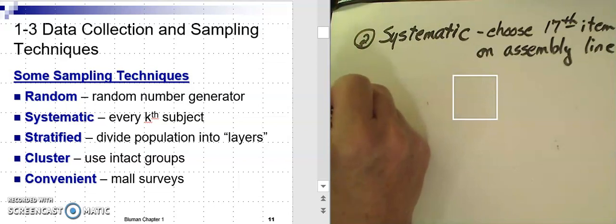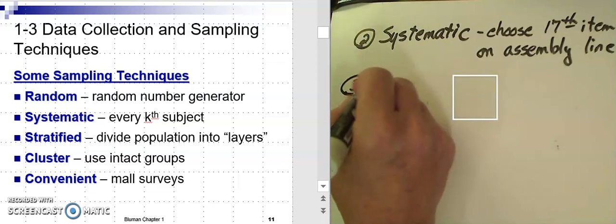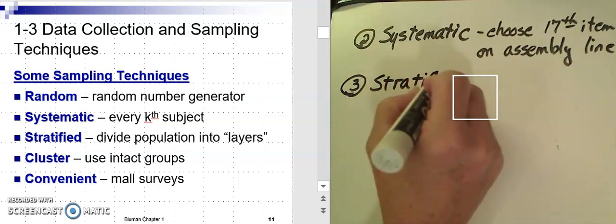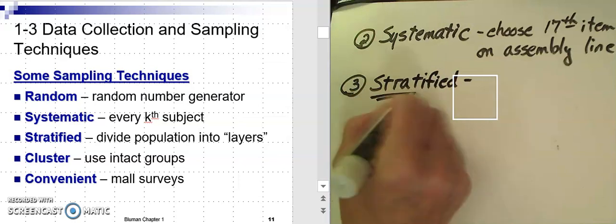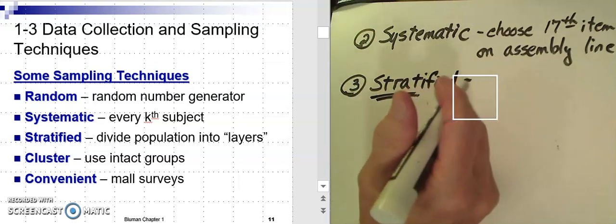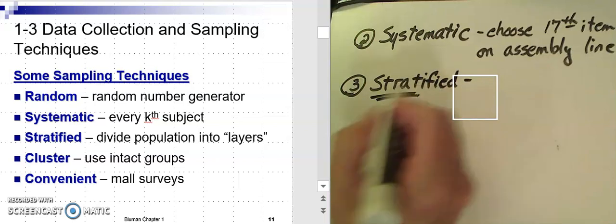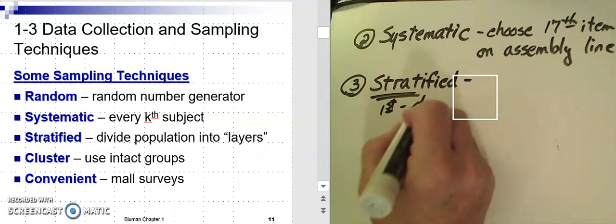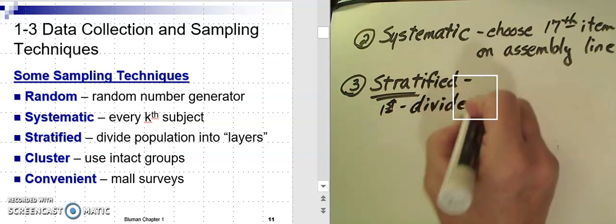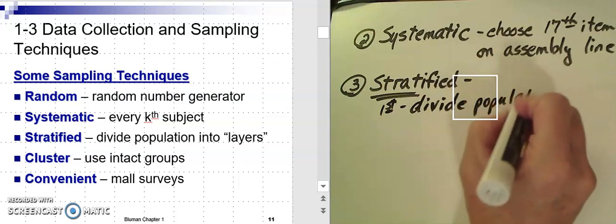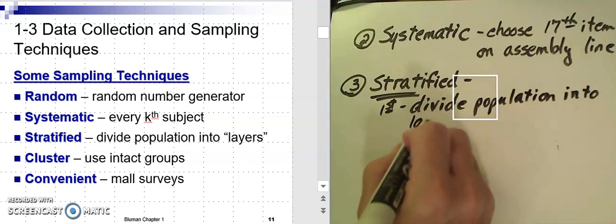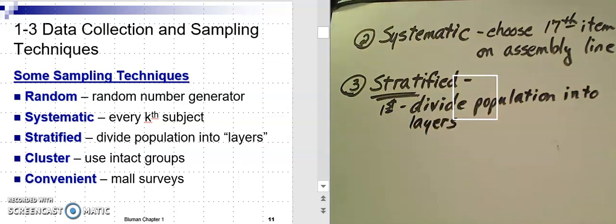A third way of choosing a sample is stratified. Now the root word here for stratified is strata, which means layers. Okay, so with this, what you do first is divide the population into layers, and then randomly choose within each layer.